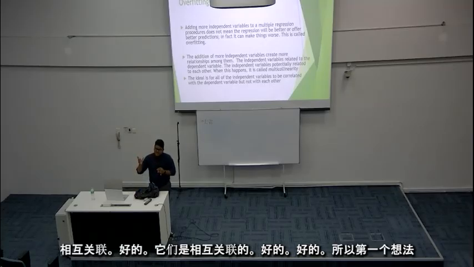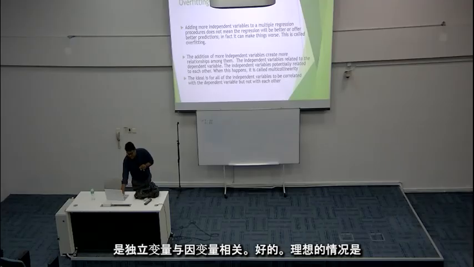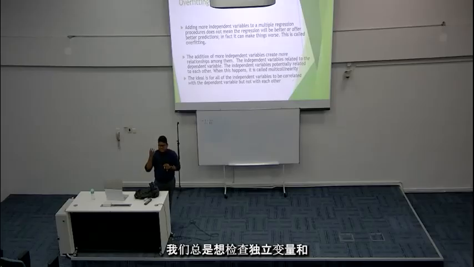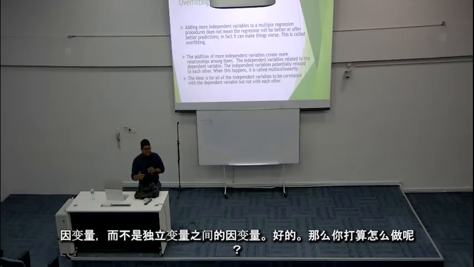They will be correlated to each other. The ideal situation is for the independent variables to be correlated with the dependent variable. We always want to check the correlation between the independent variables and the dependent variable, not between the independent variables.